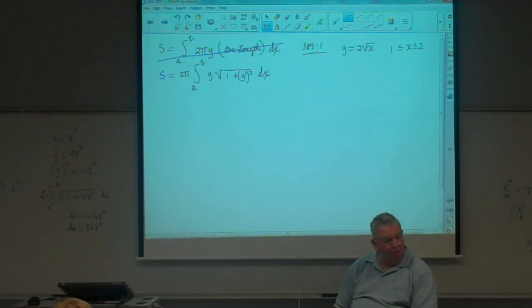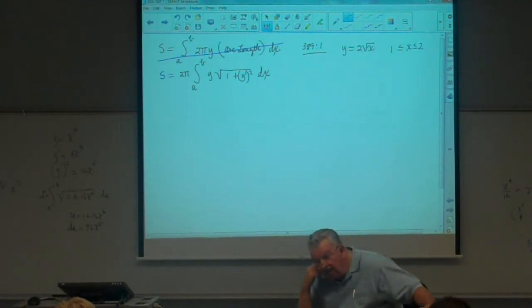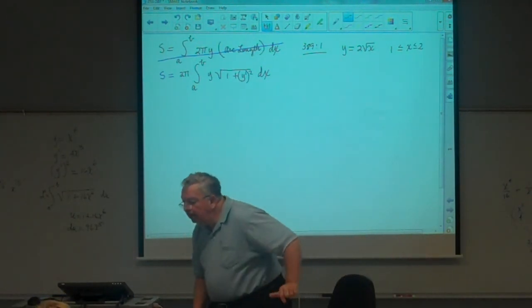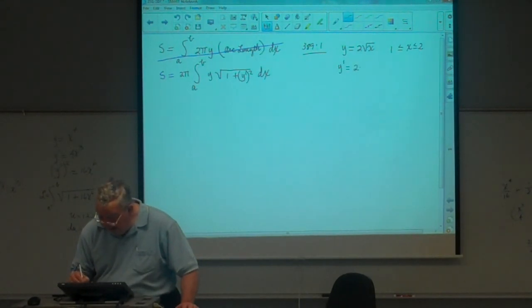Because the first thing I'm going to do is do what? Replace the y with its equivalent x value, right? So doesn't that mean that I'll need y prime, won't I? So this is 2 times 1/2 times x to the minus 1/2.